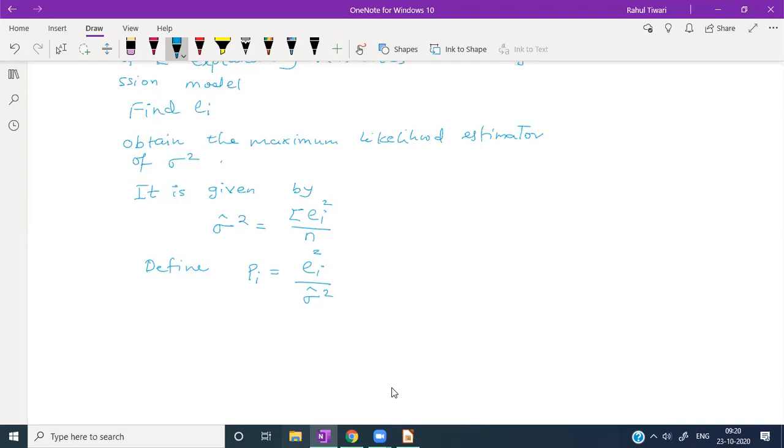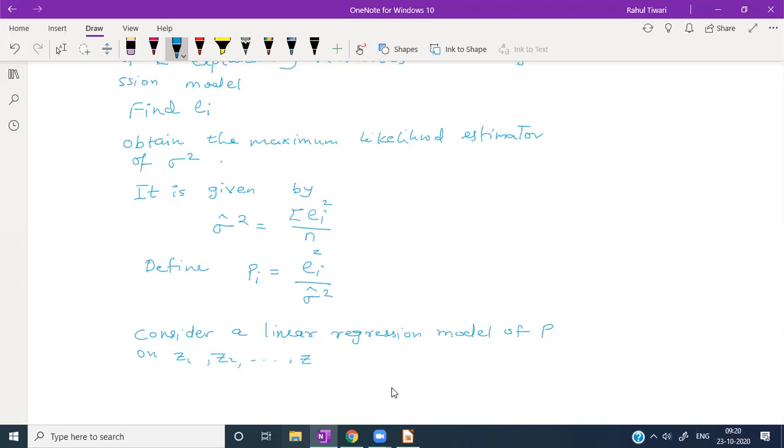Now consider a linear regression model of p on z1, z2, and so on zm.